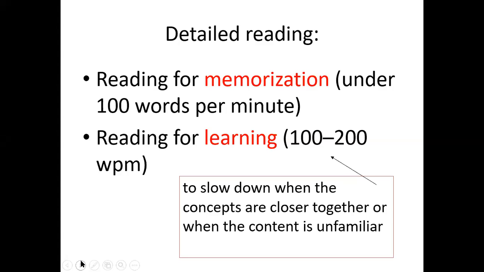Reading for learning is 100 to 200 words per minute. You slow down when the concepts are closer together, when the content is unfamiliar. When you are reading something you are not very familiar with, your reading speed slows down.